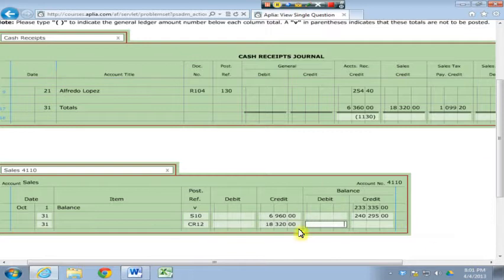We already had a credit, so we're going to add the two together. And when we add those two together, we should get $258,615. To show we're done, we will take the account number and put underneath the total.